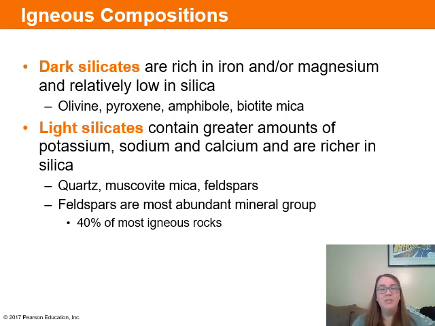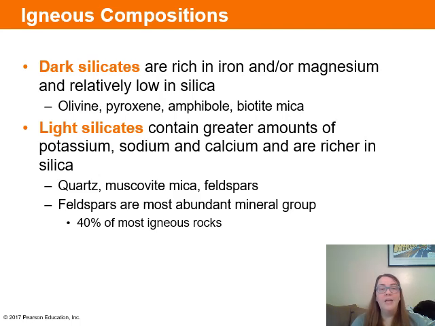And that's because these dark silicates have a lot of iron and magnesium inside of them. Both of these are metals. And if you've ever held something that was solid metal, it's very, very heavy. So dark silicates are going to be darker in color, as well as being heavier in weight because they're going to be full of metals.